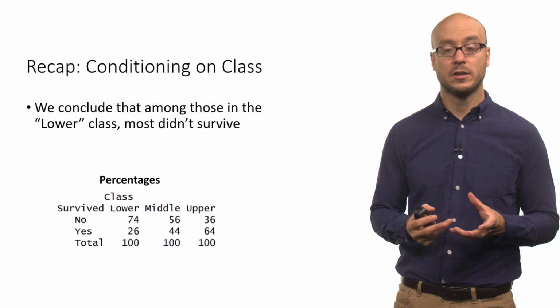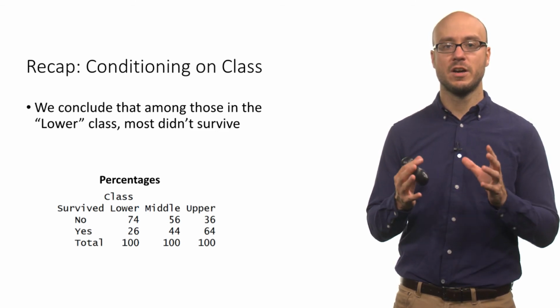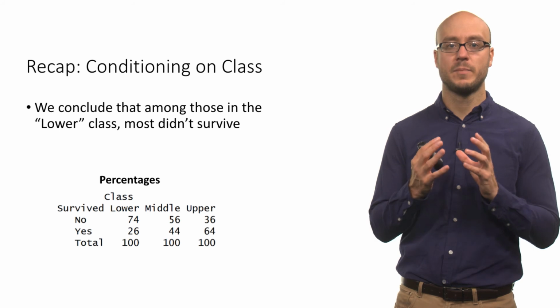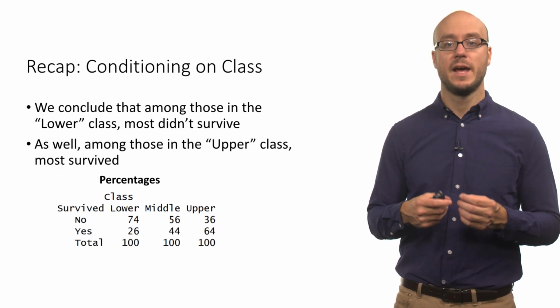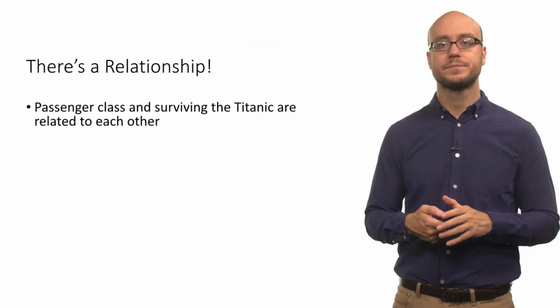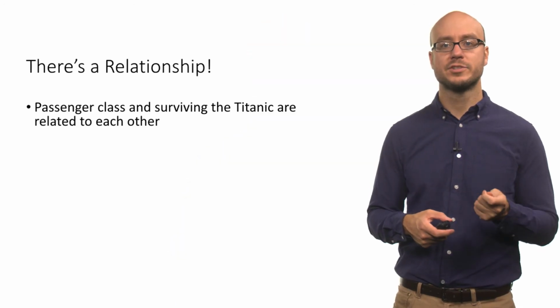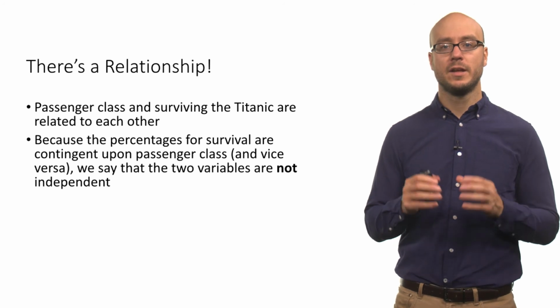We can conclude that among those in the lower class, conditioning on that particular value of passenger class, most people did not survive. And among those in the upper class, most survived. So both of these conditioning approaches suggest a relationship. We can say that passenger class and surviving the Titanic are related to each other.